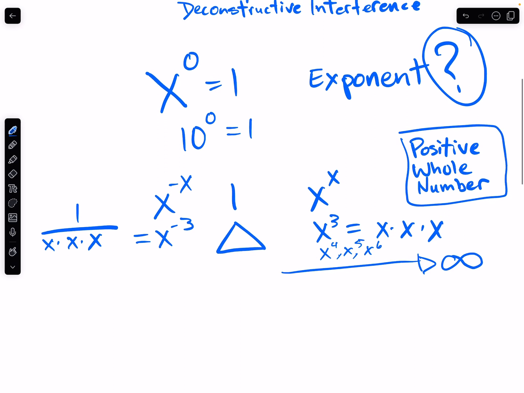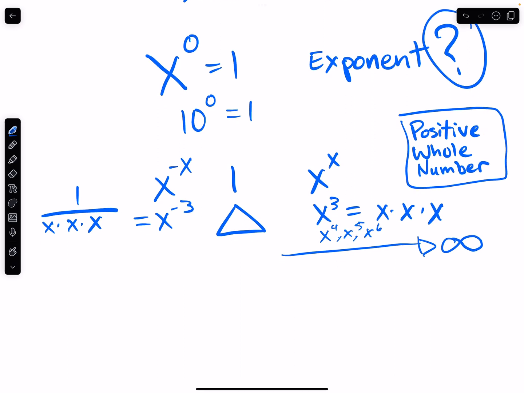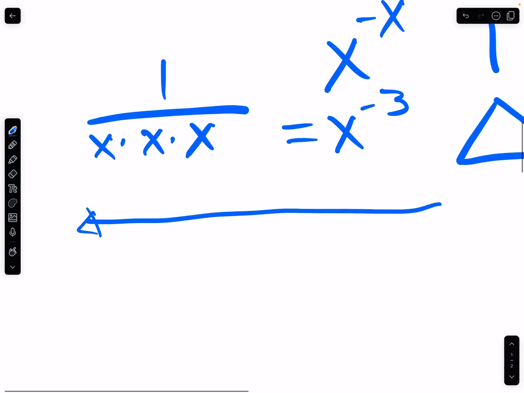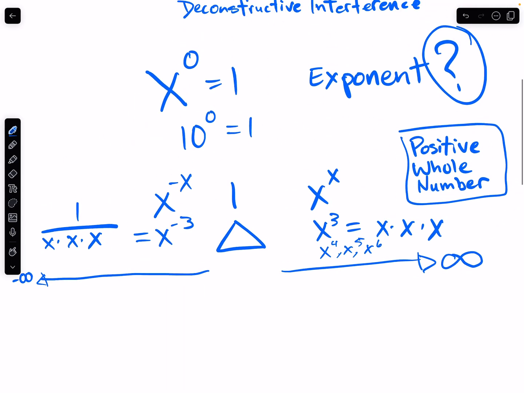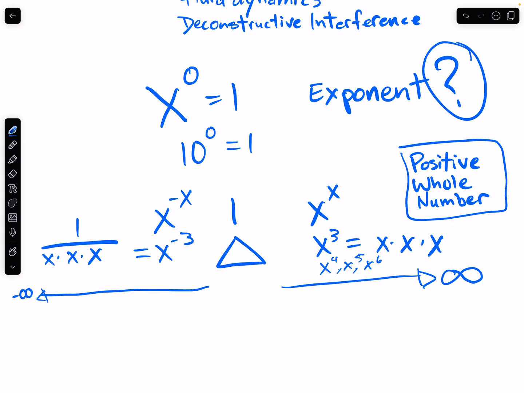And then when you're increasing the x value on the left side, you have x raised to the -4, and then you continue the progression with x raised to the -5 and x raised to the -6.